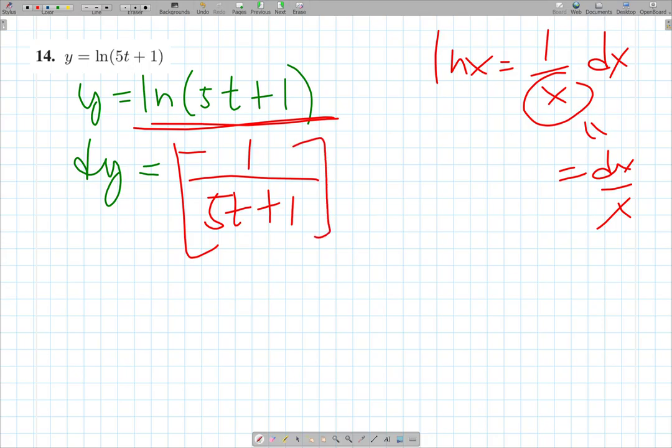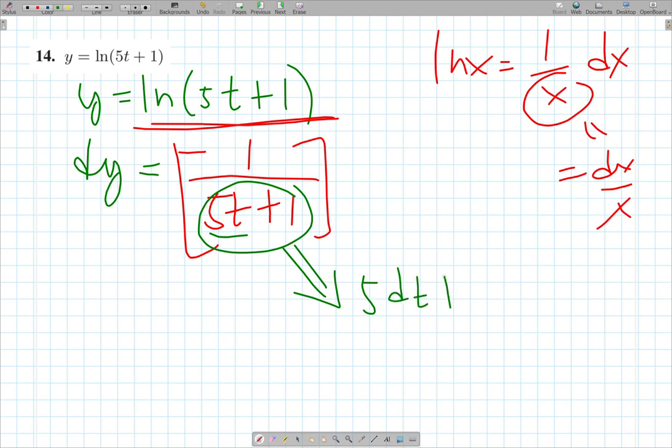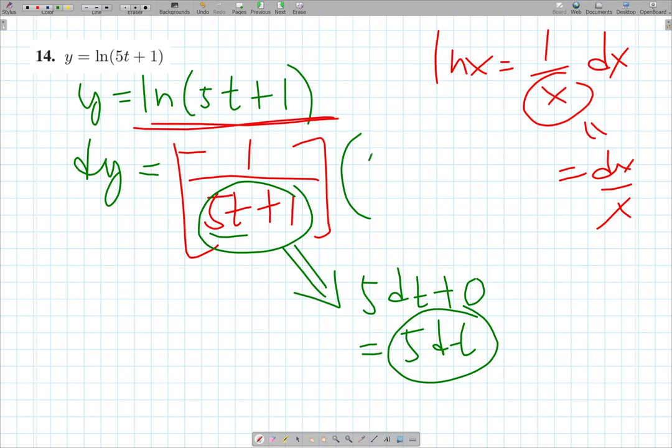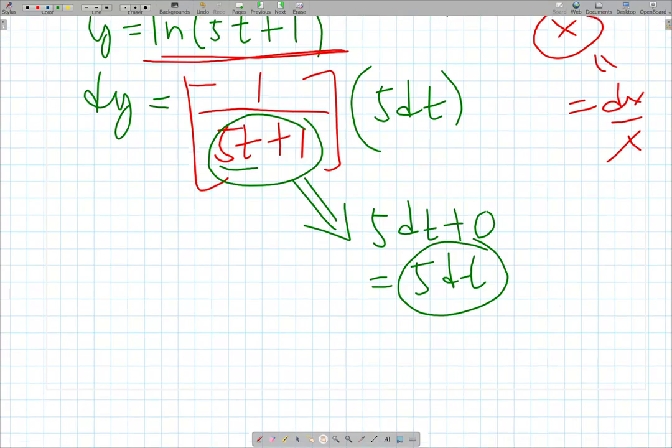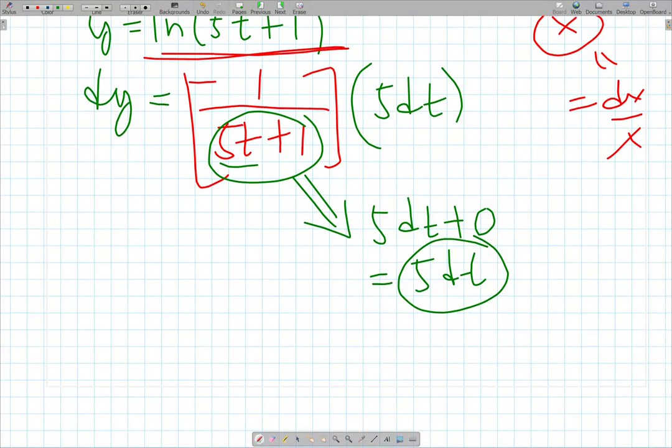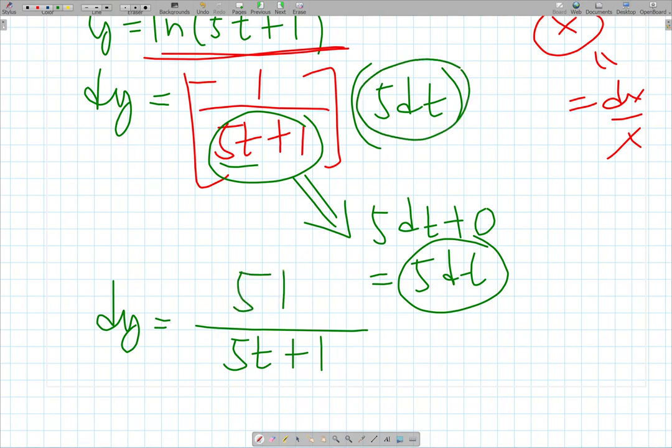After that, you derive this one. What is the derivative of 5t plus 1? The derivative of 5t is 5 dt, plus the derivative of the constant 1, which is 0. So that is 5 dt. Let's arrange the solution: dy is equal to 5 dt times 1 over 5t plus 1, which is 5 dt over 5t plus 1.